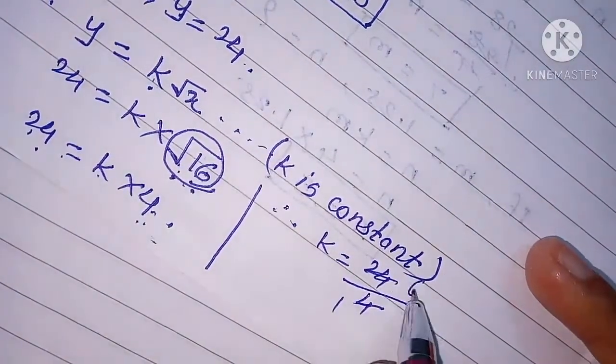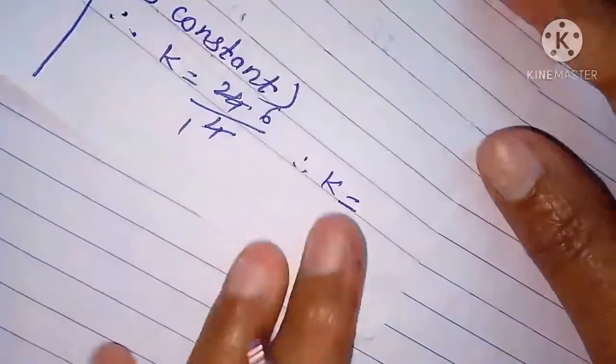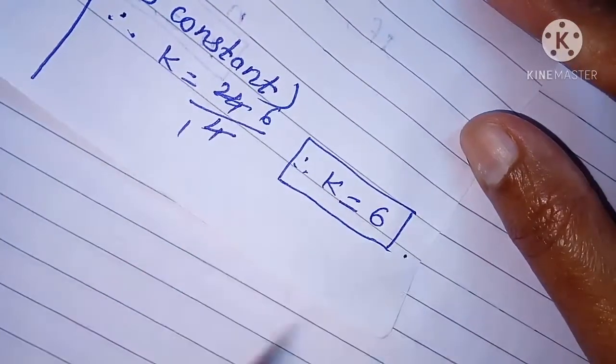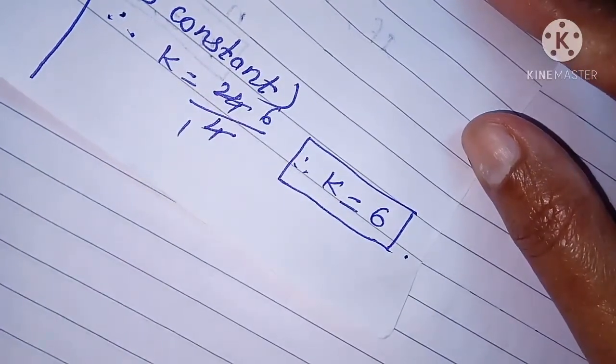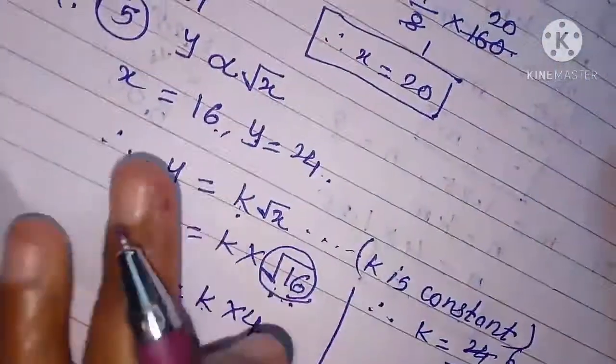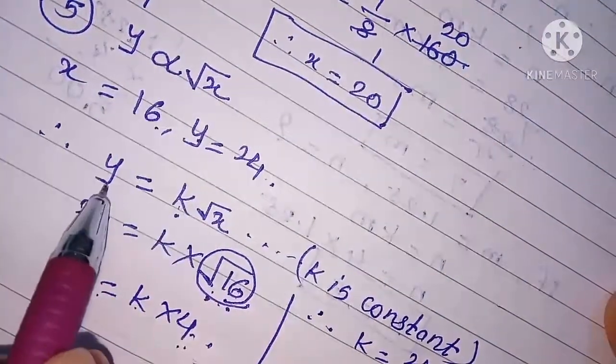Therefore, k is equal to, what is the answer coming? k is equal to 6. Constant of variation, k is equal to 6. Now, what they ask about the equation. Here, y is equal to k root x.